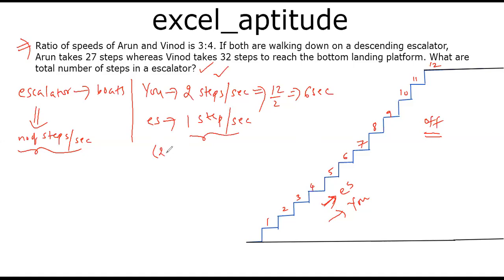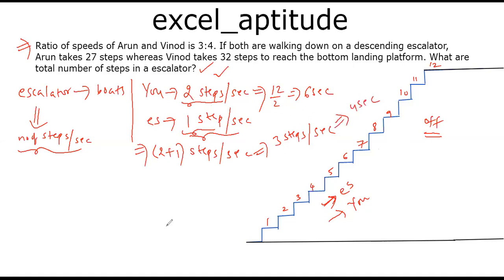It's 2 plus 1 steps per second, that is 3 steps per second, because you are both moving in the same direction. So it takes 12 by 3, that is 4 seconds.